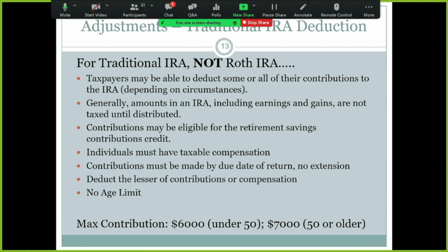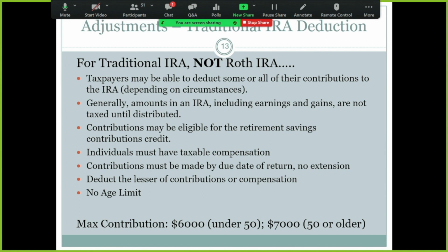Generally, amounts in an IRA, including earnings and gains, are not taxed until distributed. Contributions may be eligible for the retirement savings contribution credit as well, and we're going to talk about this a little later. Individuals must have taxable compensation. Contribution must be made by the due date of the return, no extension.